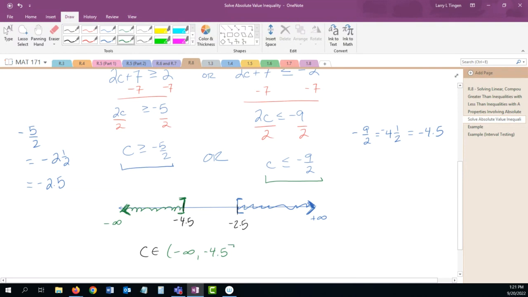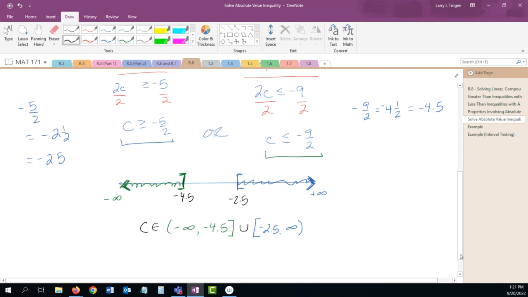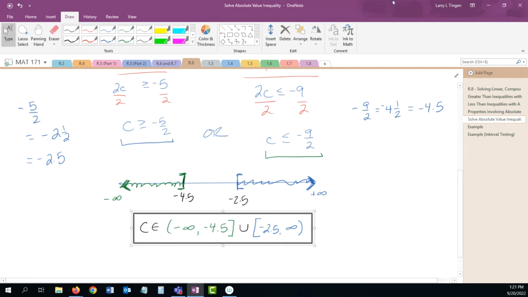Up to negative 4.5, it's included, which is why the bracket pops in. And we have the negative 2.5 off to positive infinity. Infinities are never included. Negative 2.5 is included, so it gets a bracket. And then to join two things in that notation, I need that union symbol. So that's where the U comes from. And there's our answer.